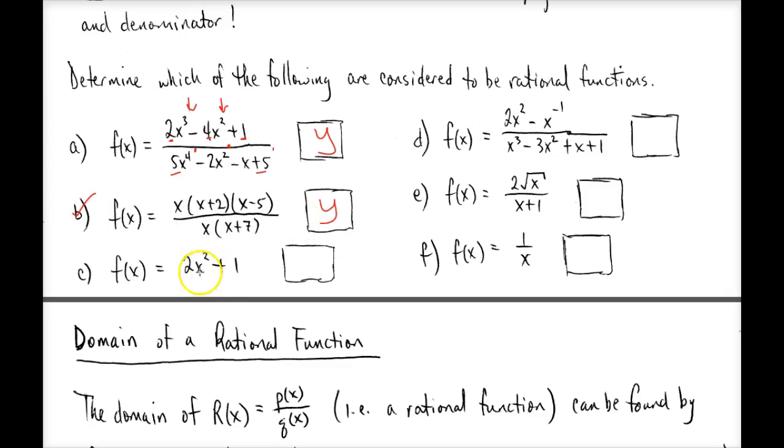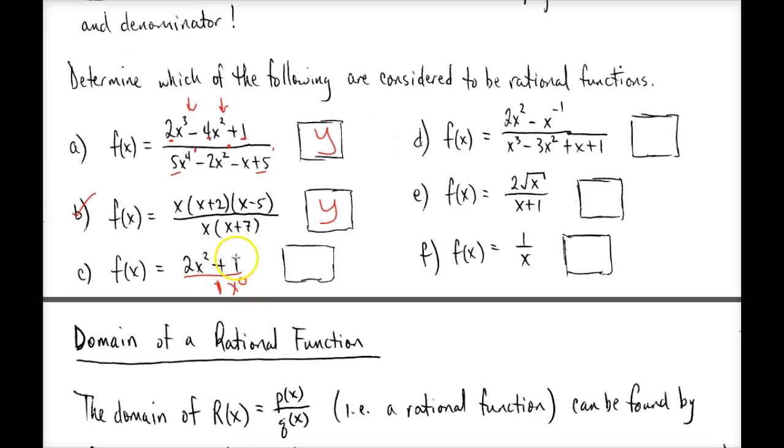For part C, this looks like a normal polynomial. But if you notice here, if I was to take this and divide it by 1, then technically that would be a polynomial as well. And the reason being is because in my denominator here, I could rewrite 1 as just 1 times x raised to the 0, which is technically a polynomial.